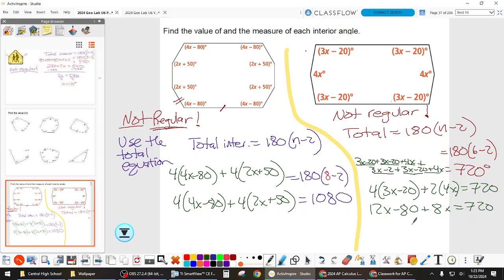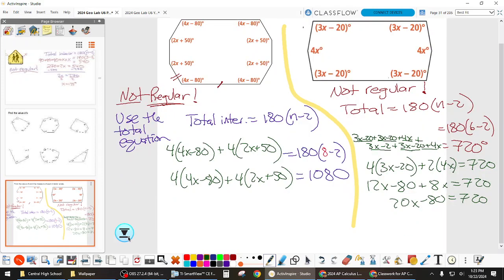Combine your like terms, so you get 20x plus 80 equals 720. Subtract the 80 to start getting that x by itself. 20x equals 640. And then divide to get 32. So x is 32, not the measure of any of those angles, right?